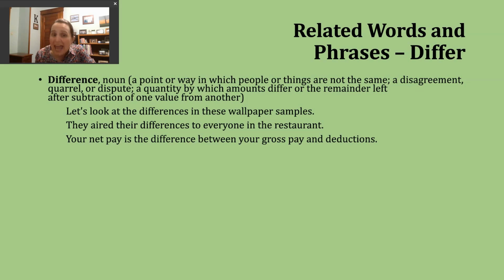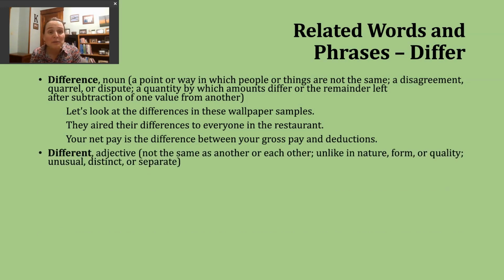Your net pay is the difference between your gross pay and deduction. So gross is kind of that total, right? And then here in the United States, we take out many different kinds of taxes and sometimes payments for insurance. What is left is our net pay, right? The difference.